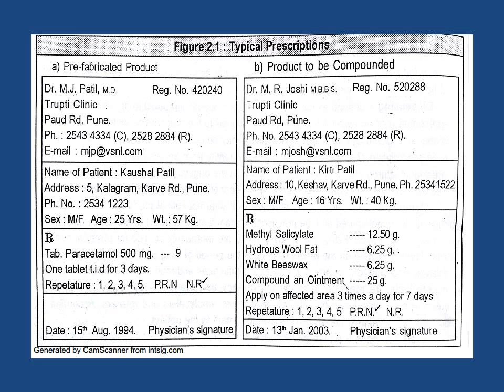Whereas in case of B, the product has to be compounded and the details of the product with the ingredients has also been given: methyl salicylate, hydrous sulfate, white beeswax, and the ointment to be compounded is 25 grams. So the pharmacist has to compound it and dispense it to the patient.